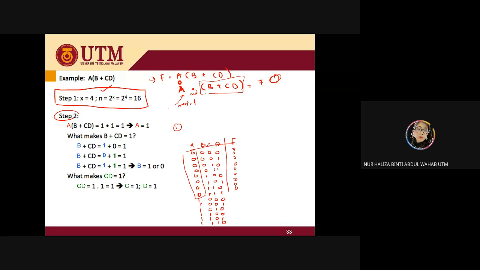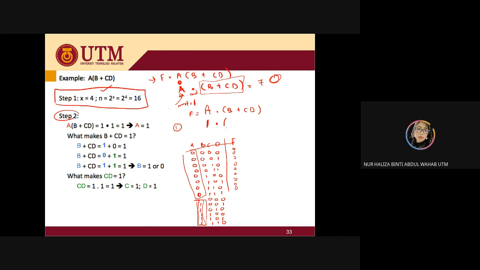Okay, then you have A over here, which is the possibility to get F equal to 1. Part A is already 1, so your A dot B plus CD, this is already 1, because of this scenario.